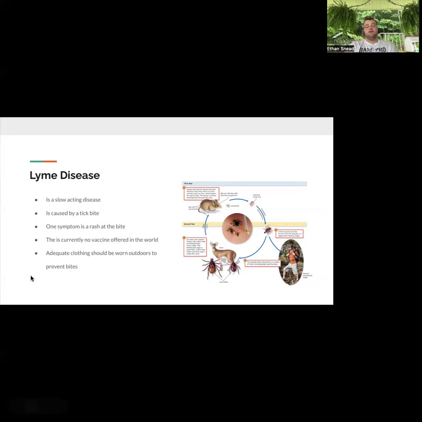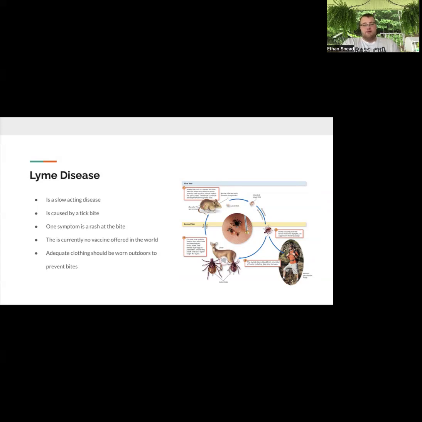One way to prevent Lyme disease, for people who do outdoor activities often, is to wear protective clothing such as long sleeve shirts, boots, leggings, insect repellent, and so forth.